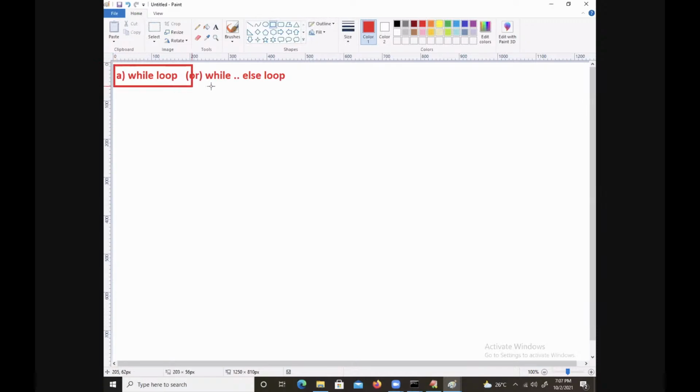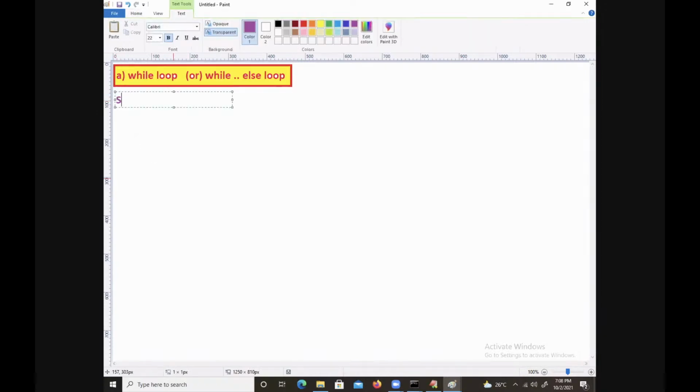Very, very simple. What exactly this while loop is, what exactly this while else is. Syntax, as usual, the same thing. Let me write the syntax and how the syntax behaves.